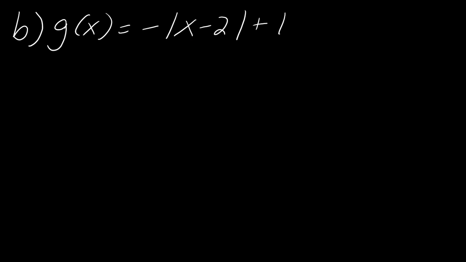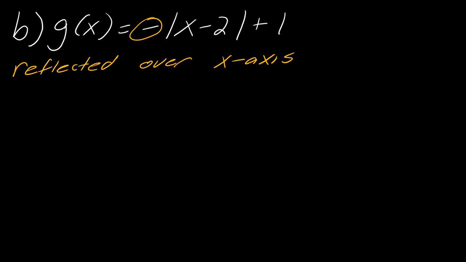Okay, so let's take a look at g of x equals negative absolute value of x minus 2, plus 1. So to go in pieces here, first of all, I've got this negative in front of the function. So that means that I am going to have this reflected over the x-axis.